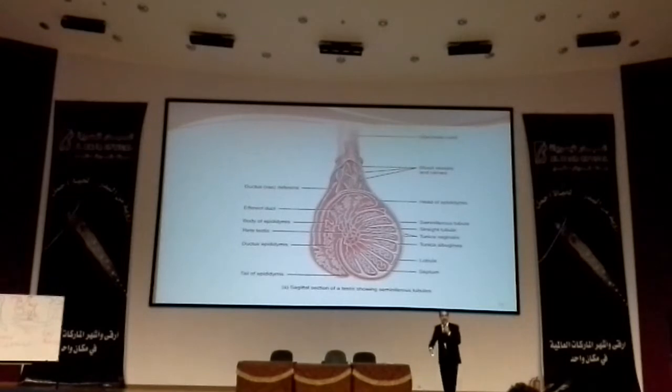It passes through the spermatic cord to supply the testis and epididymis. The genital branch of the genitofemoral nerve passes through the spermatic fascia, with a cremasteric artery for the epididymis. All these structures pass through the spermatic fascia.